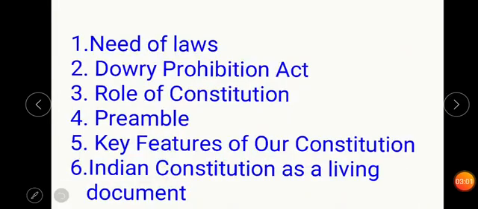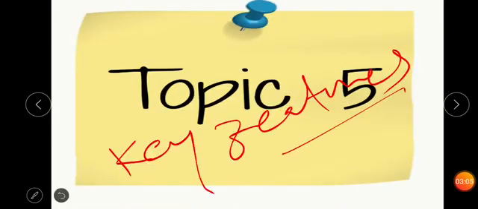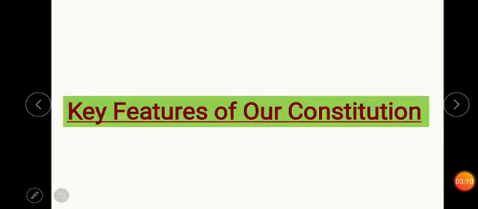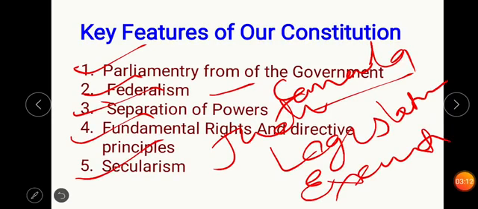In the 5th topic we studied about the key features of the constitution: the parliamentary form of government, federalism, separation of powers, fundamental rights and directive principles of state policy, and secularism. So all these terms we have studied.